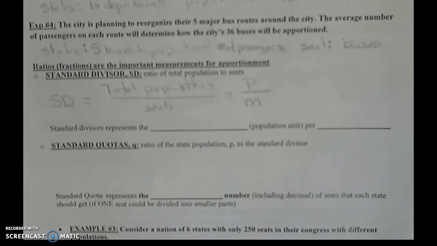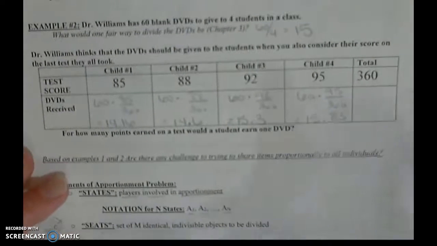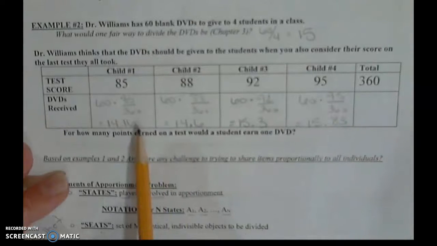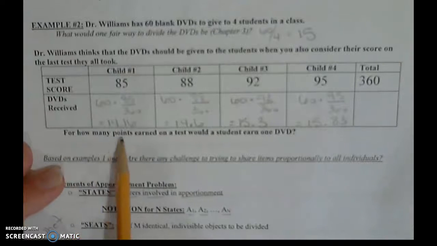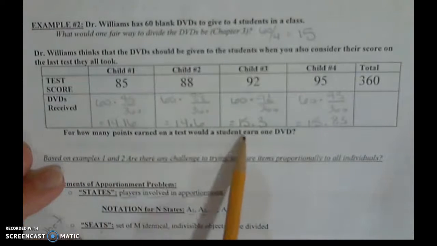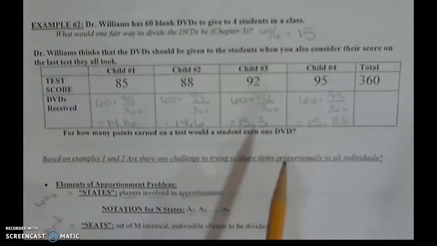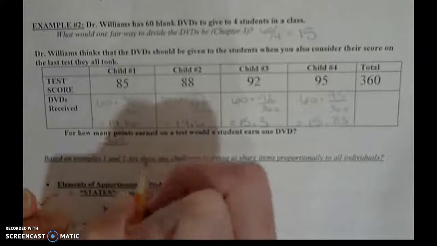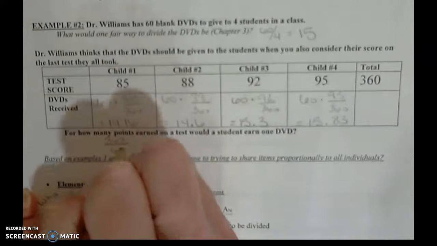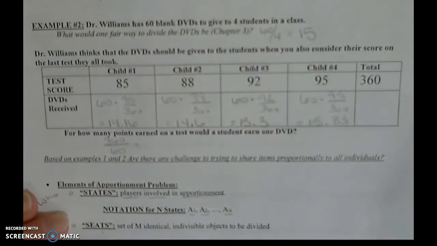So if you think about it, we kind of did that back with our candy problems or our DVD problems. We said, for how many points earned on a test would a student earn 1 DVD? We have 360 points, and we had 60 DVDs.